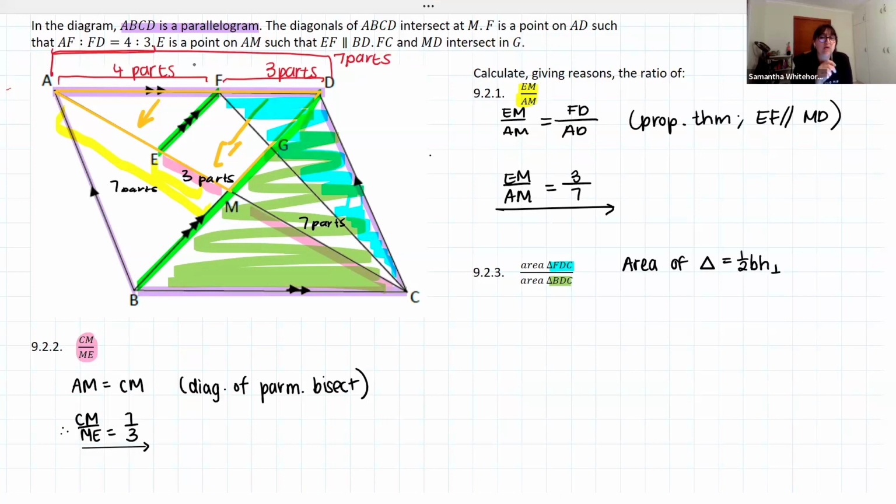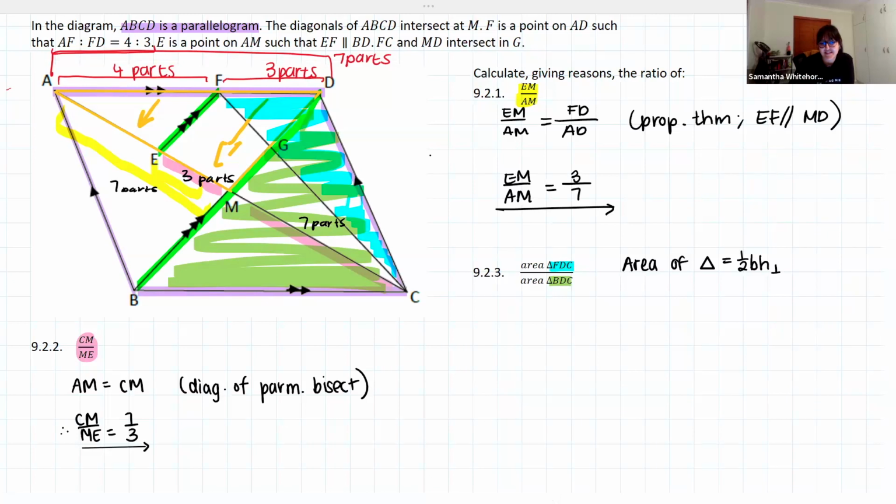Awesome. Does anyone know a second way that we can work out the area of a triangle? I know I'm putting you on the spot. There's 2 ways we can work out the area of a triangle. Yeah, Siva?